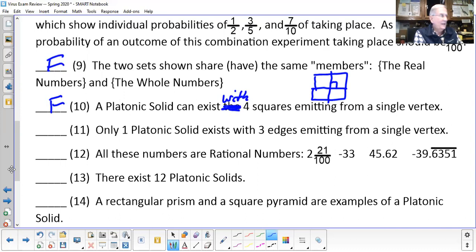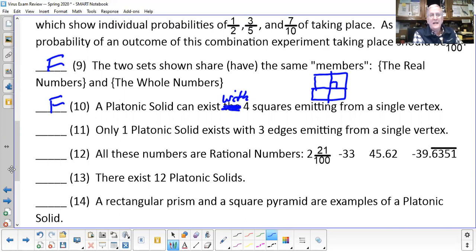All right, 11. Only one platonic solid exists with 3 edges emitting from a single vertex. Well, if you have your platonic fact sheet handy, you might want to look at this, okay?